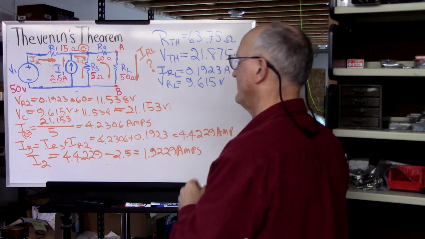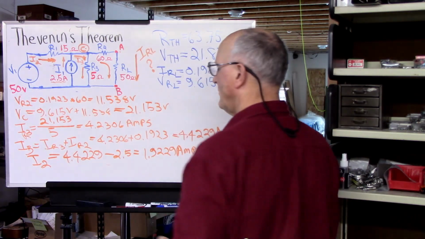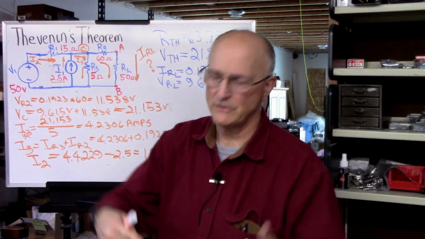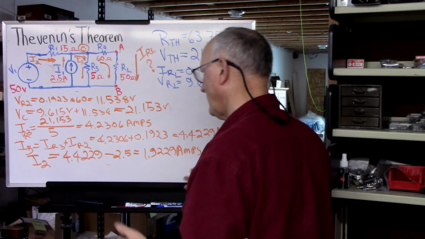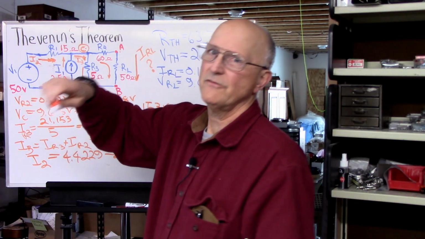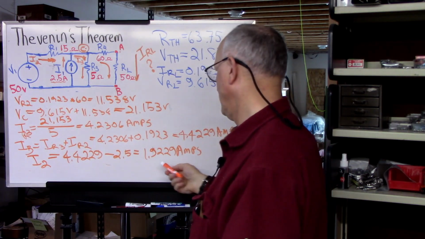All right, now we know the current through R1. If we know the current through R1, we can calculate the voltage across R1. Again, Ohm's law says V equals IR.